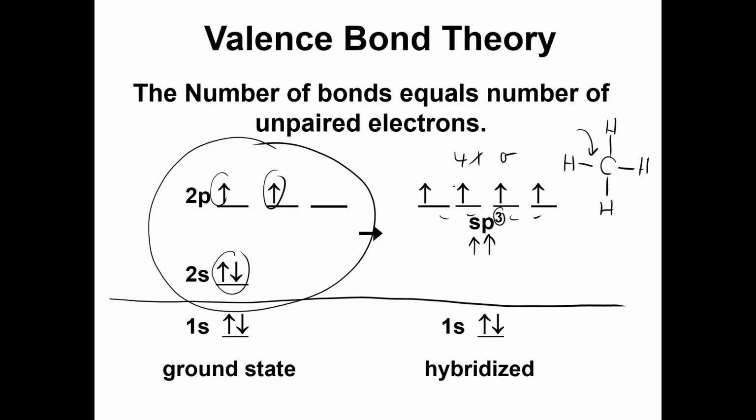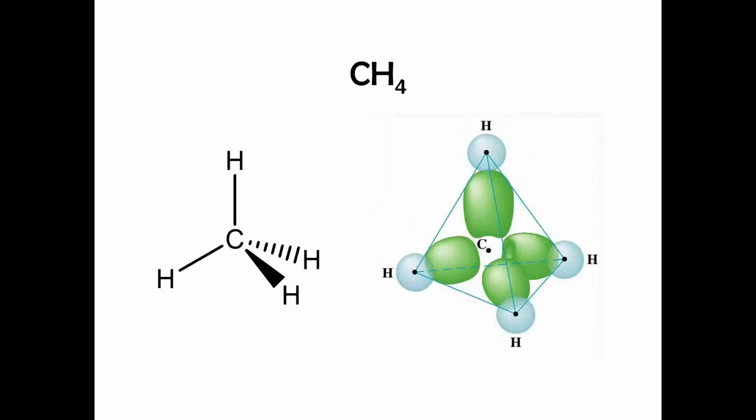So when all of those hydrogens come in, once you put also the hydrogen atoms in, everything is always going to be paired up once you're done bonding, right? And so we don't worry about the ones in the ground states. That's essentially what valence bond theory does. It just says it takes atomic orbitals and puts them together in a hybrid orbital, right? And so that sp3 hybridized orbital looks like this here.